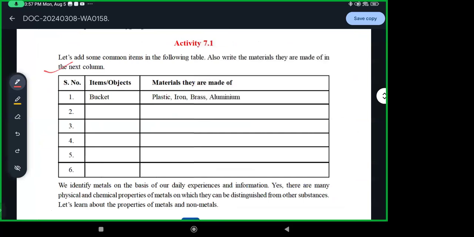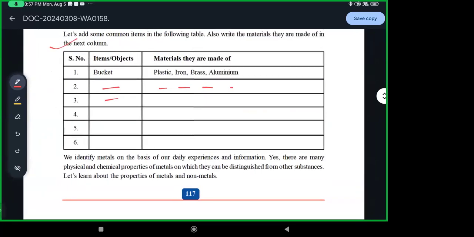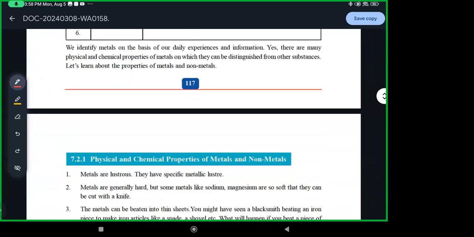You can put the item here and the material it's made of. For example, you can put the name of a utensil and what it's made of, steel or copper or aluminium.